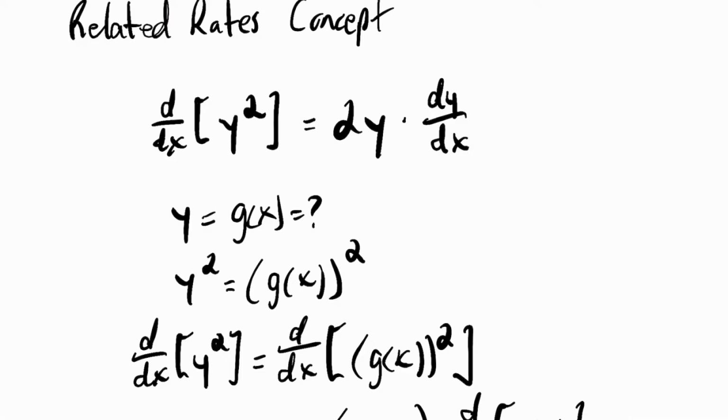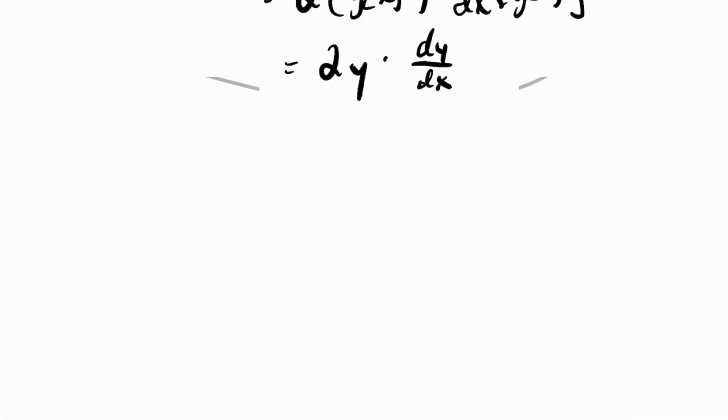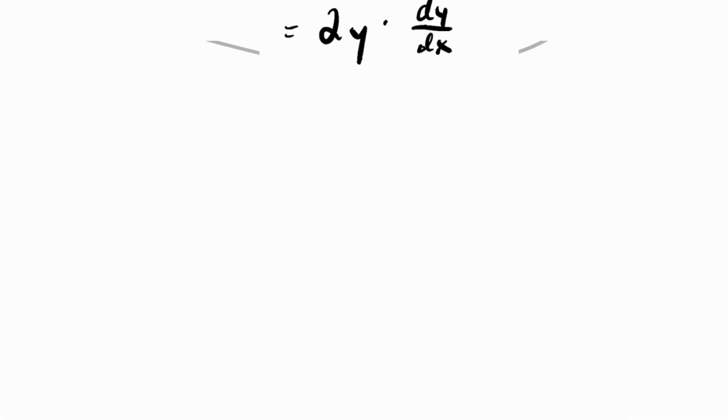Now, how does this relate to related rates? In related rates, instead of having derivatives with respect to x, we're going to have derivatives with respect to t, time. If I have something like the derivative with respect to t of y squared, y is changing over time, this is the same idea.